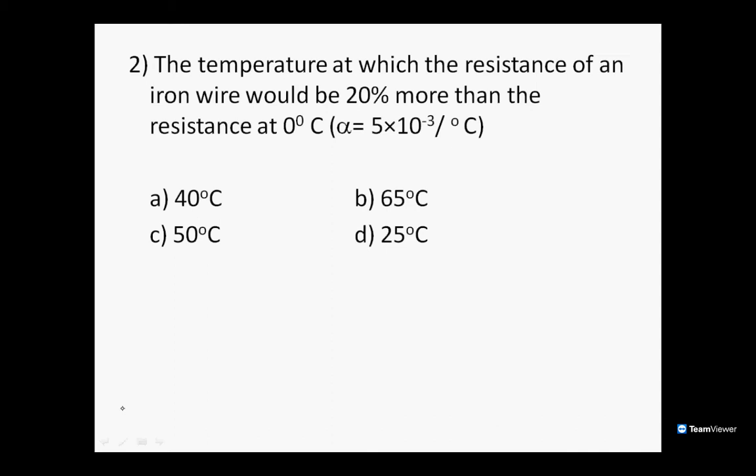Similar kinds of problems are there in the first few problems also. Now, what is the new resistance here? 120% of the resistance at 0 degrees. That means R dash equals 1.2 R naught. I don't know the value of R naught, and it is not required also.